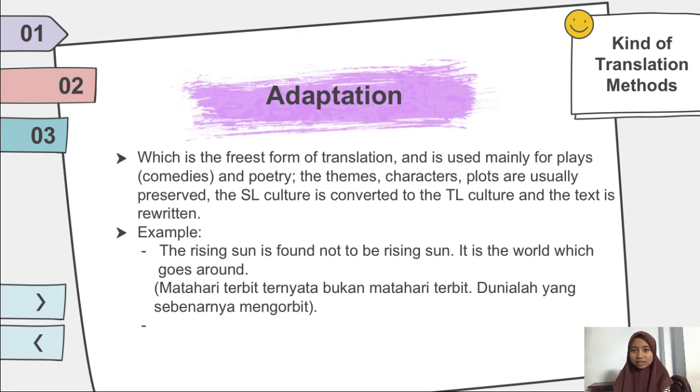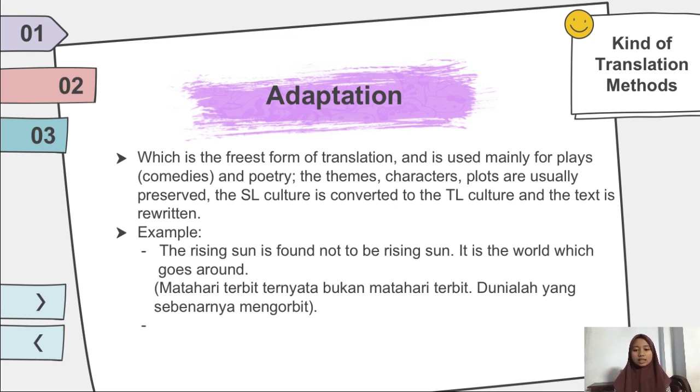And the last method is adaptation, which is the freest form of translation and is used mainly for plays, comedies, and poetry. The themes, characters, and plots are usually preserved.